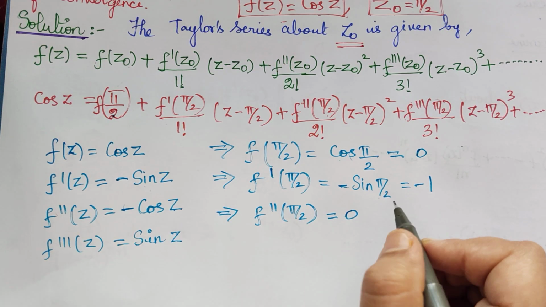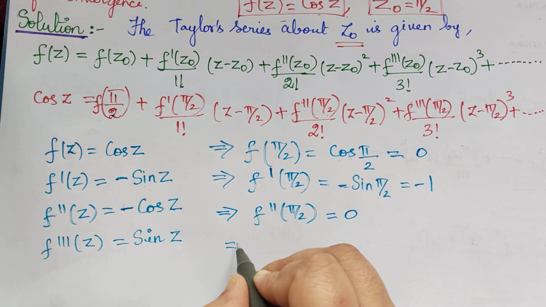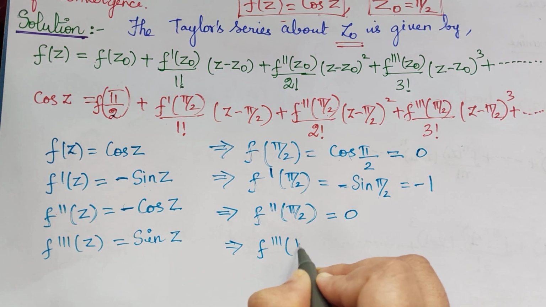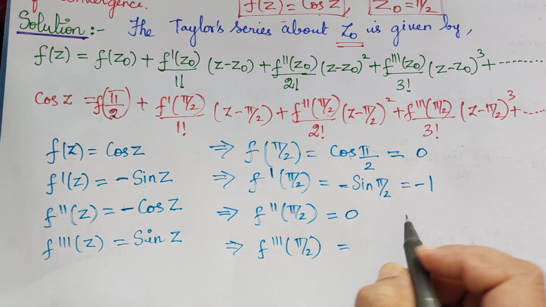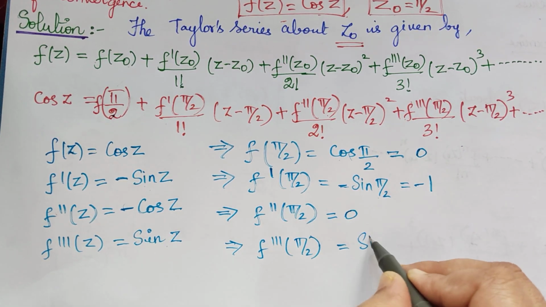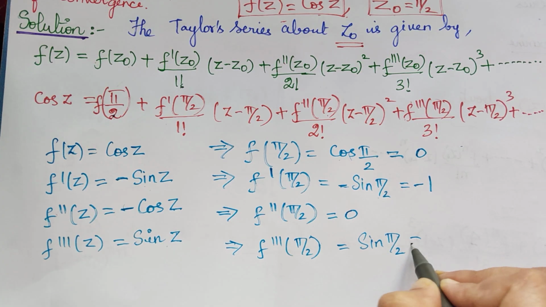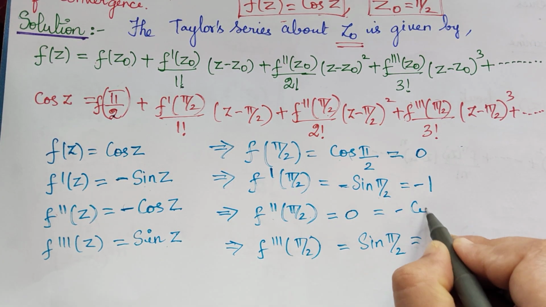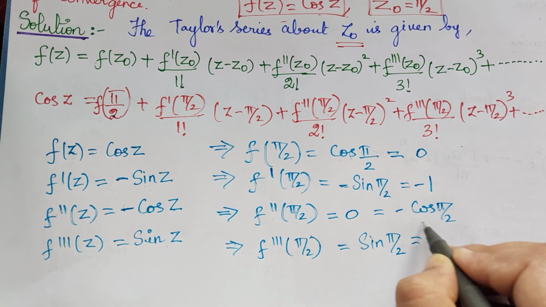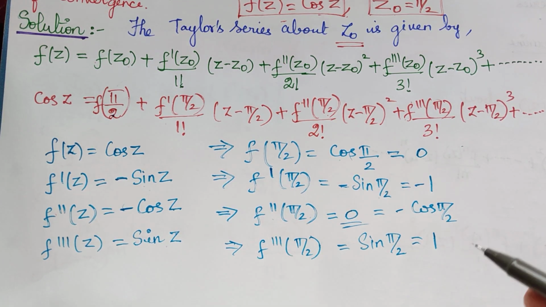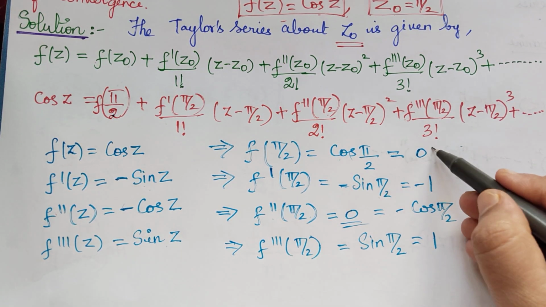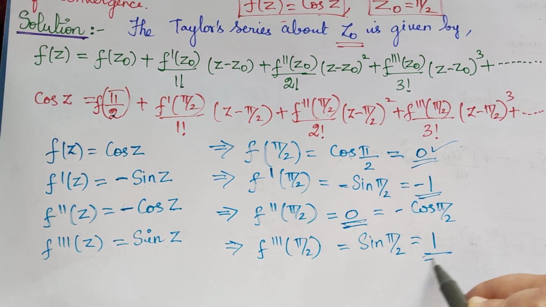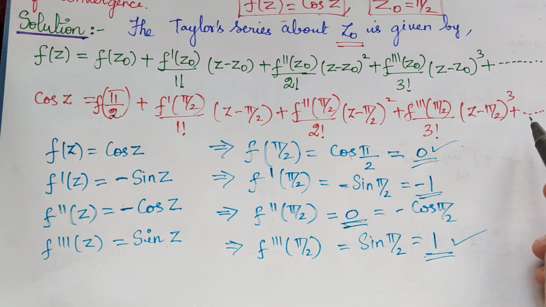Then f triple dash of pi by 2 is equal to sin pi by 2, and sin pi by 2 is 1. So now we shall substitute these values, that is 0, minus 1, 0 and 1, in our expansion.